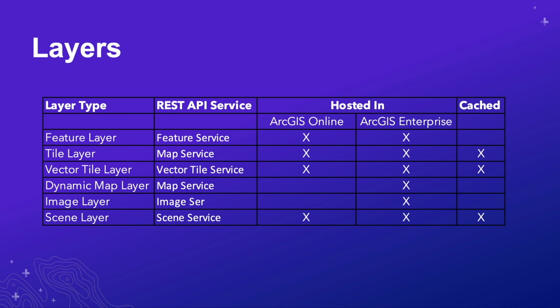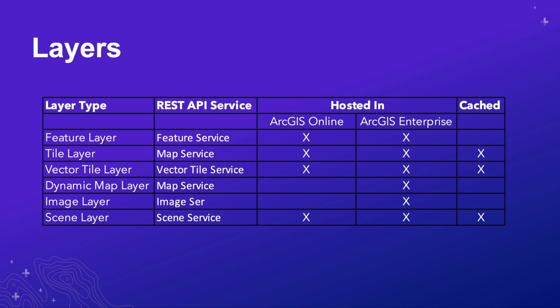Putting a little bit of a table in front of you, I thought this was a really valuable view of the different layer types that we have, the REST API service that you access for that layer type, how it's hosted, if it's available with ArcGIS Online or Enterprise, and if it's available to be cached.